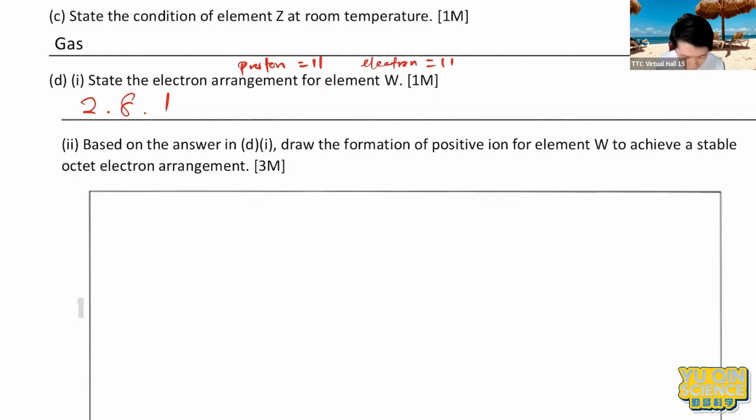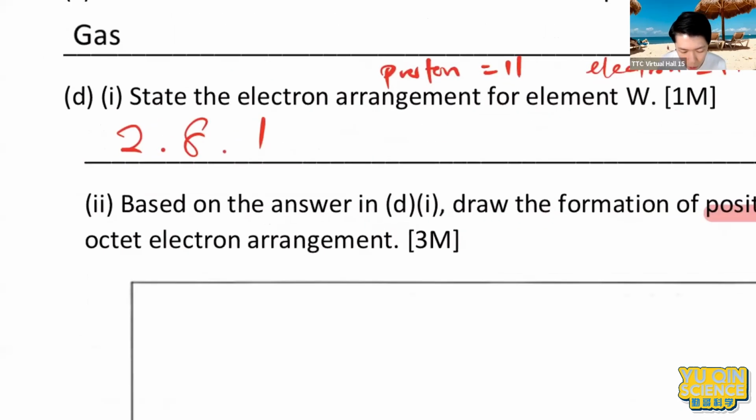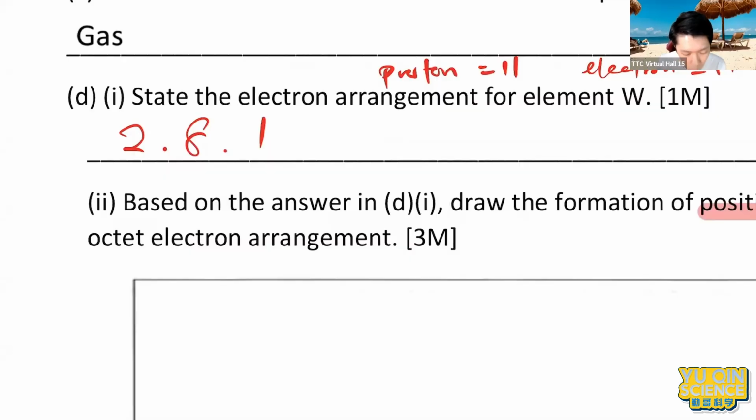Okay, right. Now, based on the answer in D1, draw a formation of positive ion for element W to achieve stable octet. Octet means your ending must be 8 of electron arrangement. Okay, so right now you have 2.8.1.